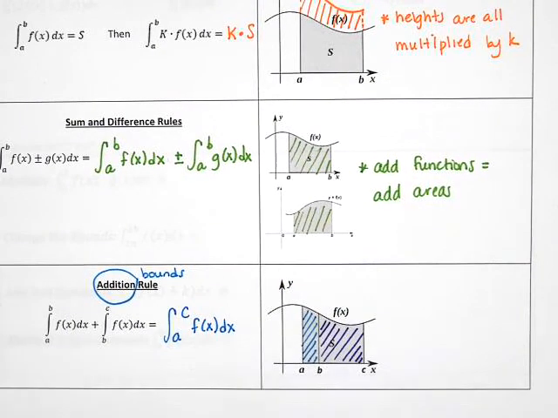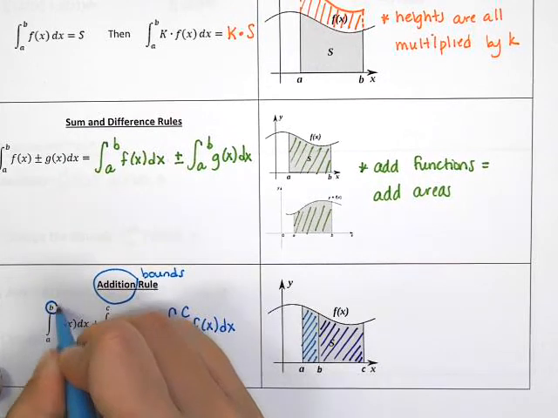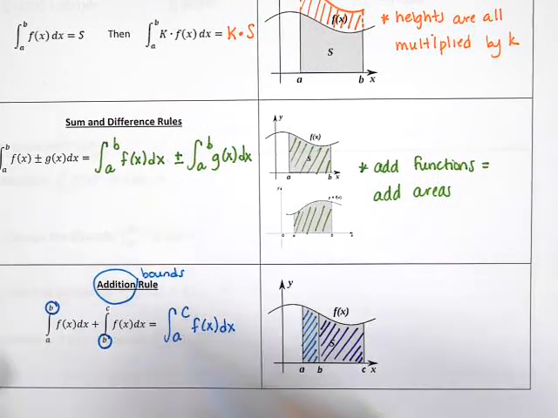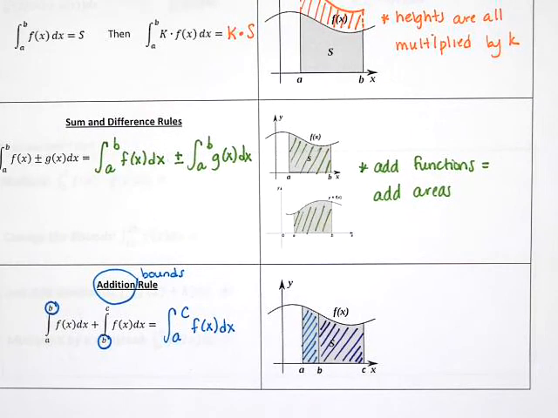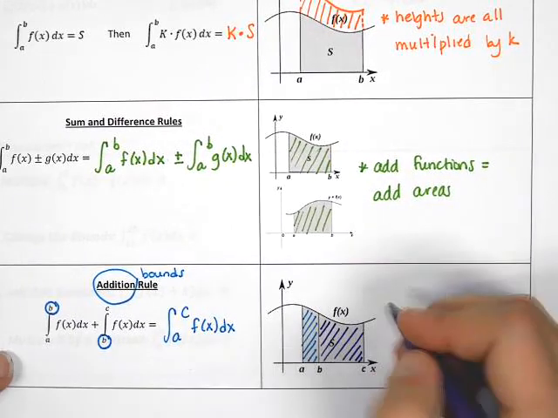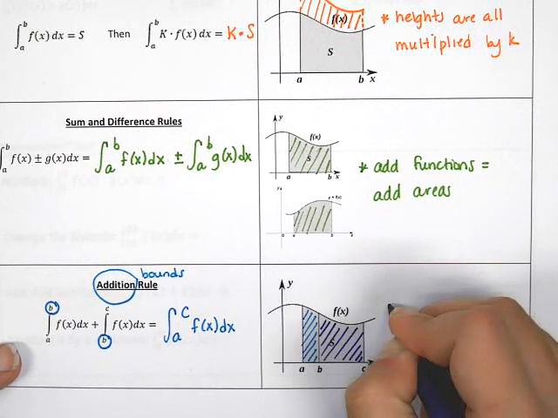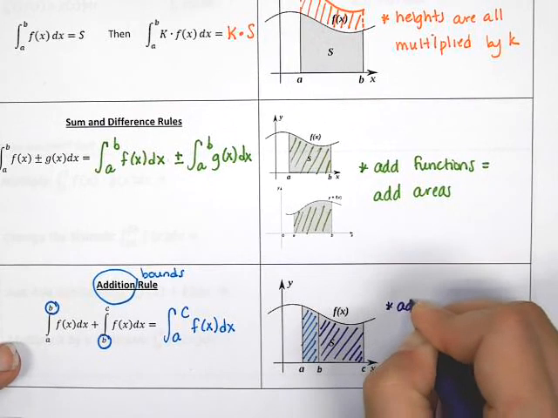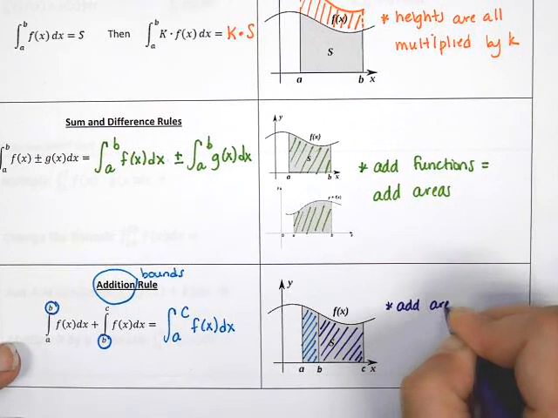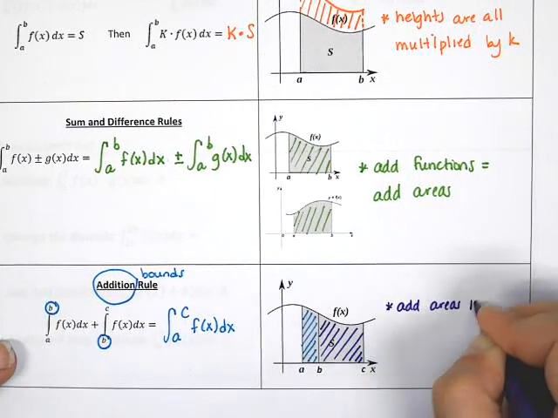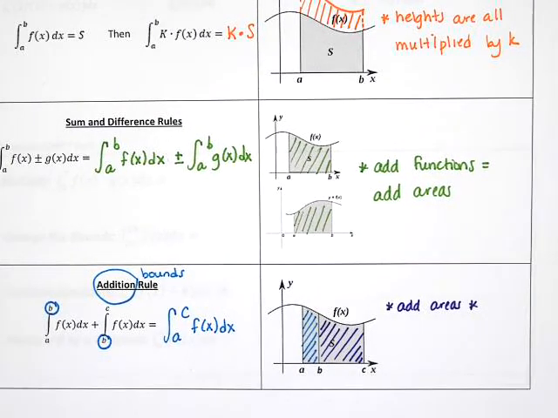The key here is that the end of this first integral matches the beginning of the next integral. So if you add the areas, you get that total distance from a to c.